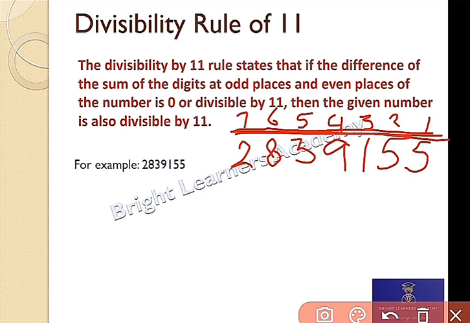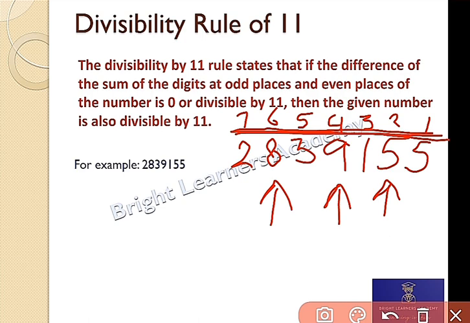So I have to add the digits at second, fourth and sixth places. The second place is this one, 5, fourth is this one, 9, and sixth is this one.